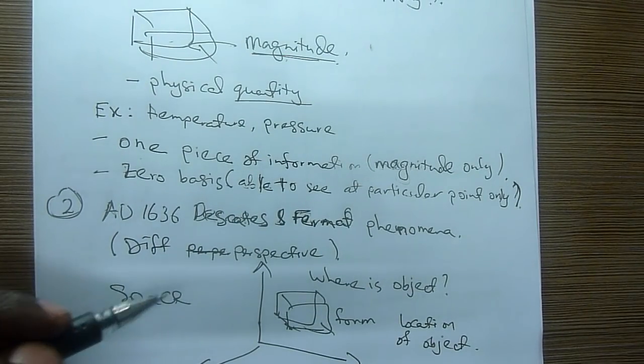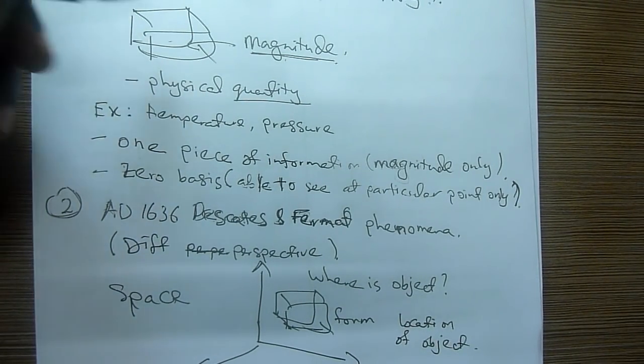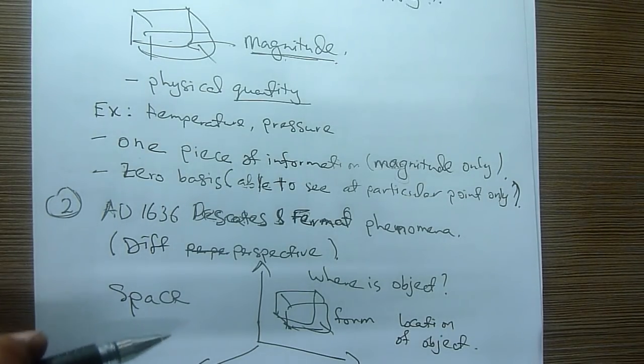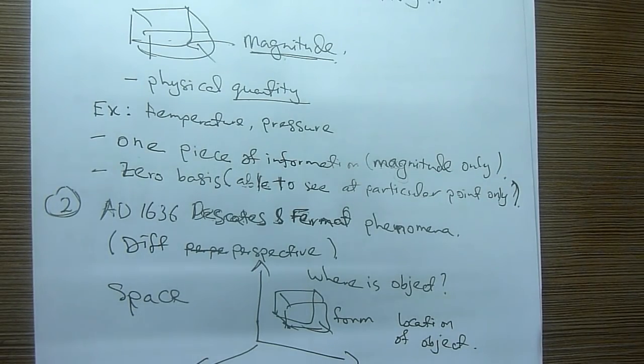From the scalar perspective, we are able to see a particular object, and its location we are able to identify through the Cartesian coordinate system.